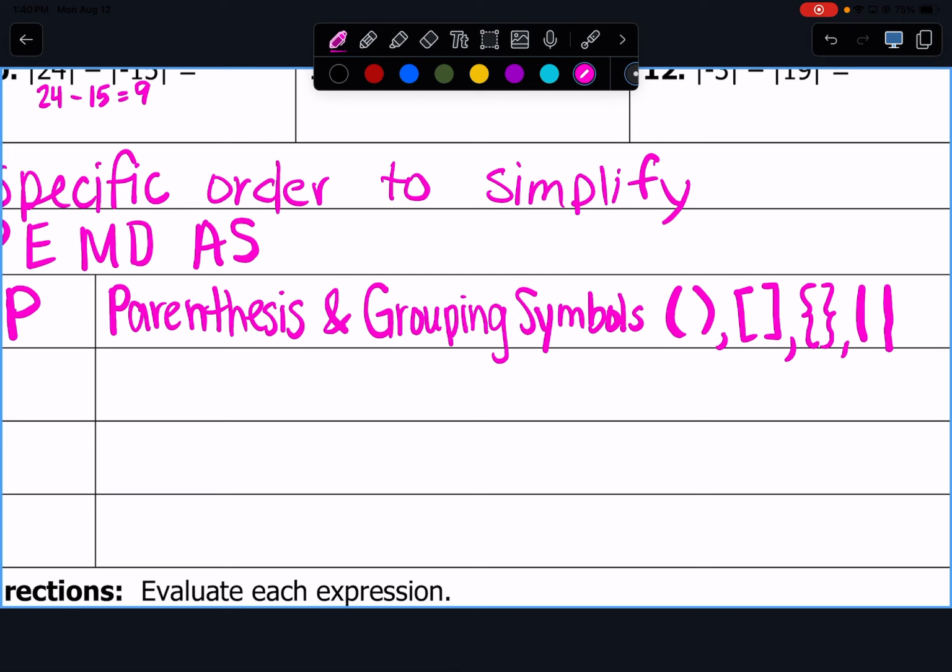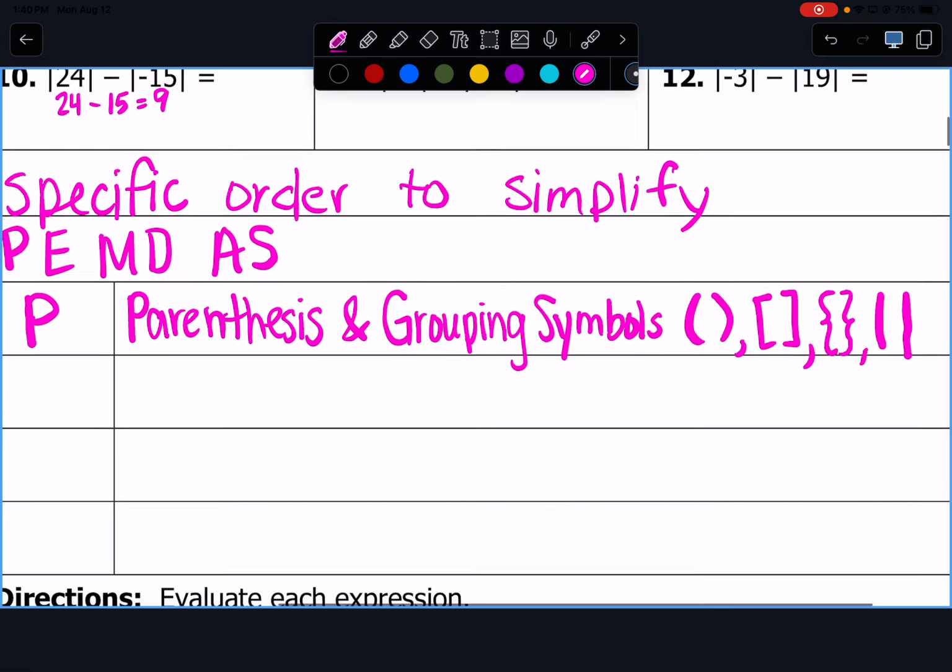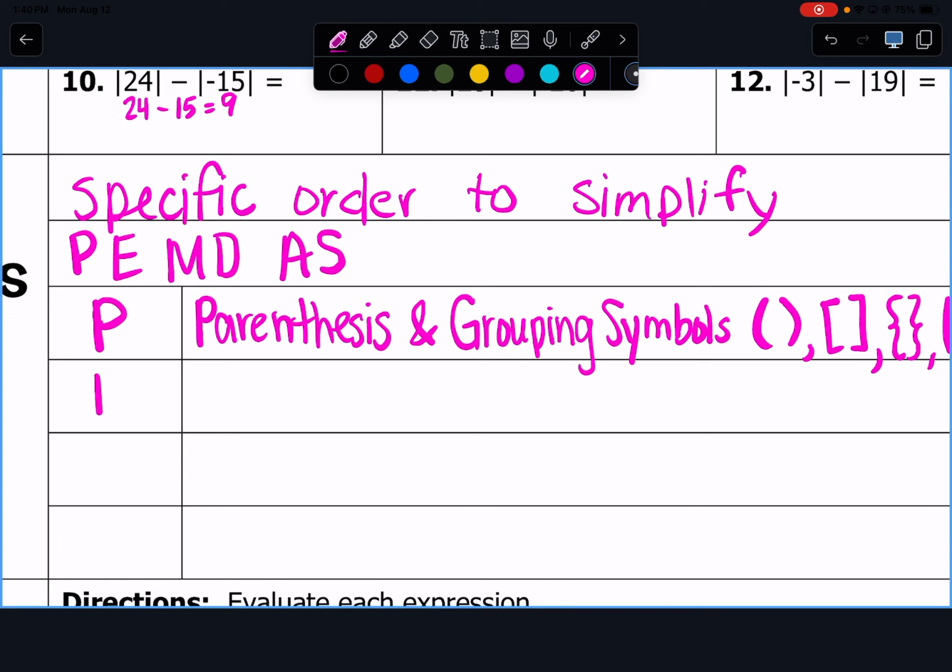What does the E stand for? What's next? What's after that? Divide.